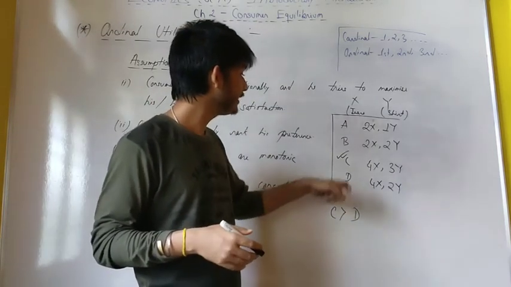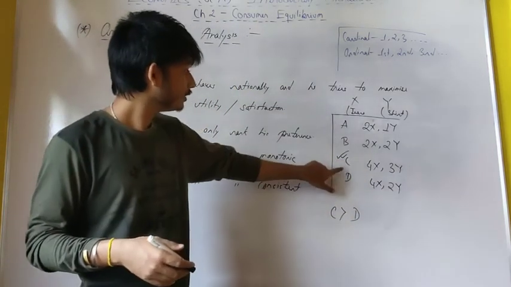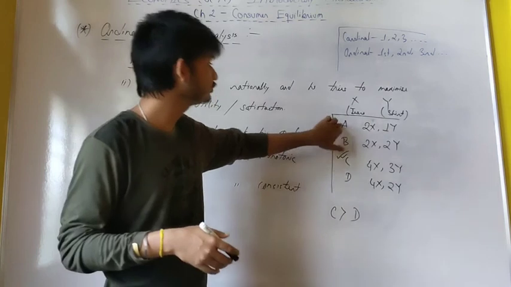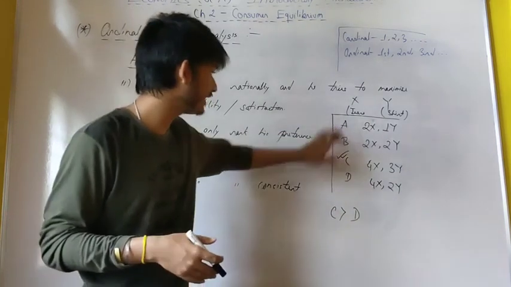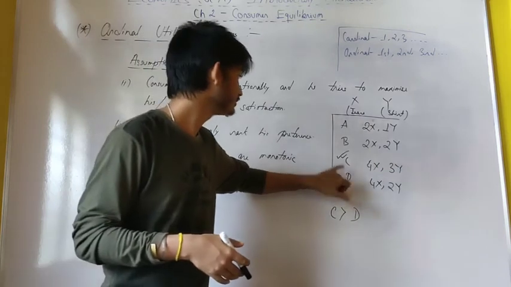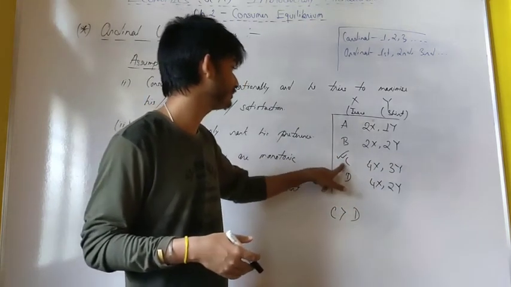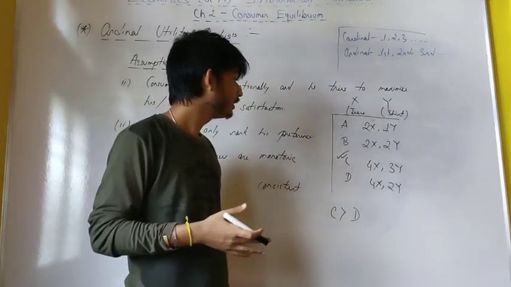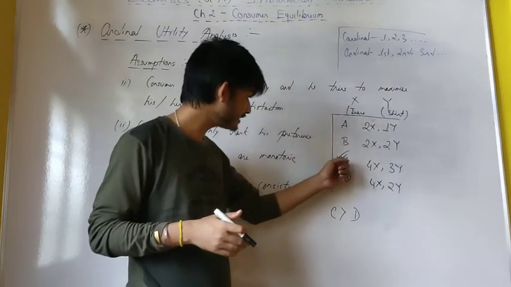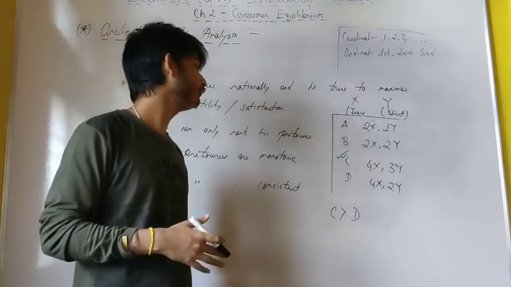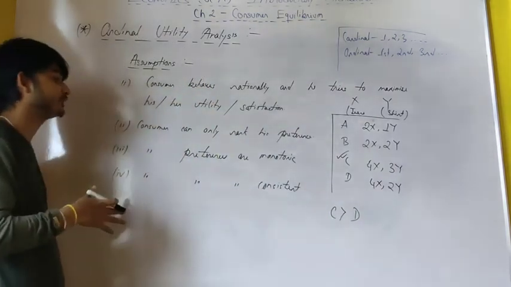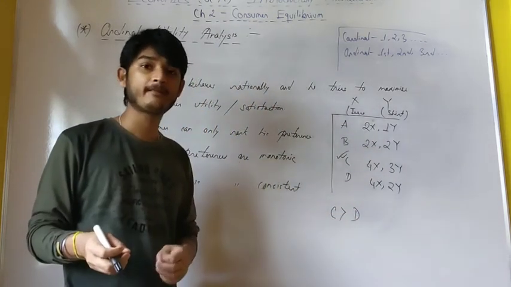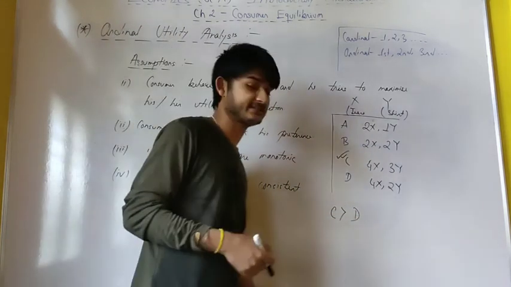Here also our first preference goes to C, second goes to D, third goes to B, and fourth goes to A. So in any situation we will not change our preferences. For us C always will be in the first place. So we will be consistent with our choice. If we choose C over D in any situation, we will not change our preferences.